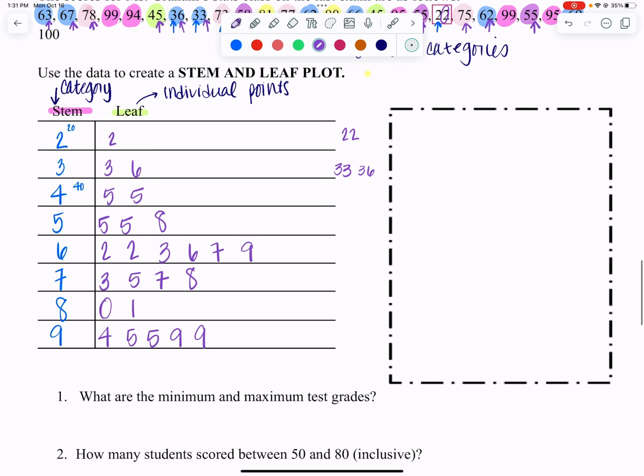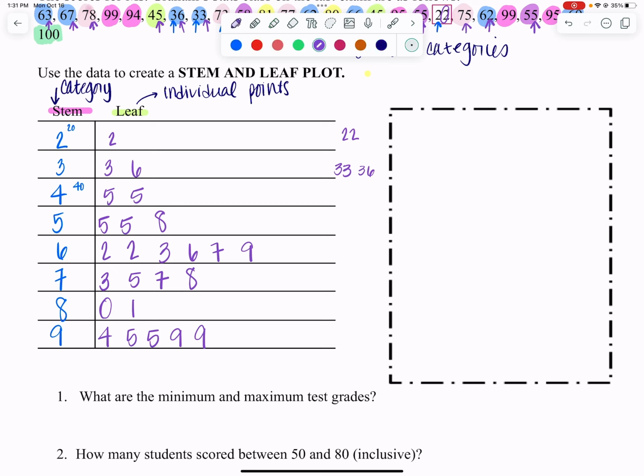And I have one more number. It got added as an afterthought. This 100. And I added it as an afterthought because all of these were 2-digit numbers. I want you to see what a 3-digit number looks like when you put it in a stem plot. The leaf is still the rightmost digit.